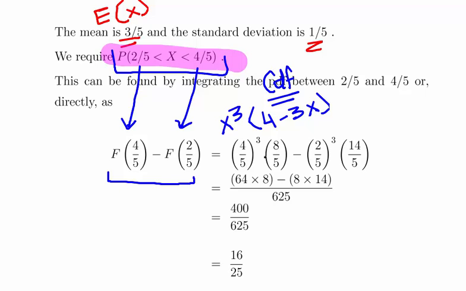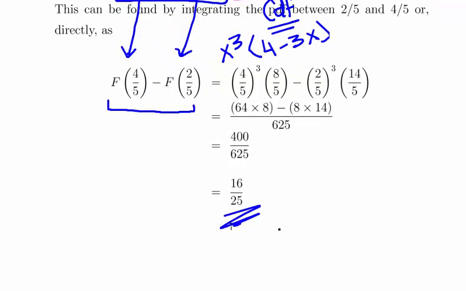And for 2 over 5, it's 2 over 5 cubed times 14 over 5. Essentially what we've got here is a bit of calculator work, so it should be straightforward enough to simplify. And there we have it. The answer should work out to be 16 over 25. The 7 there is just the page number. You can disregard that.